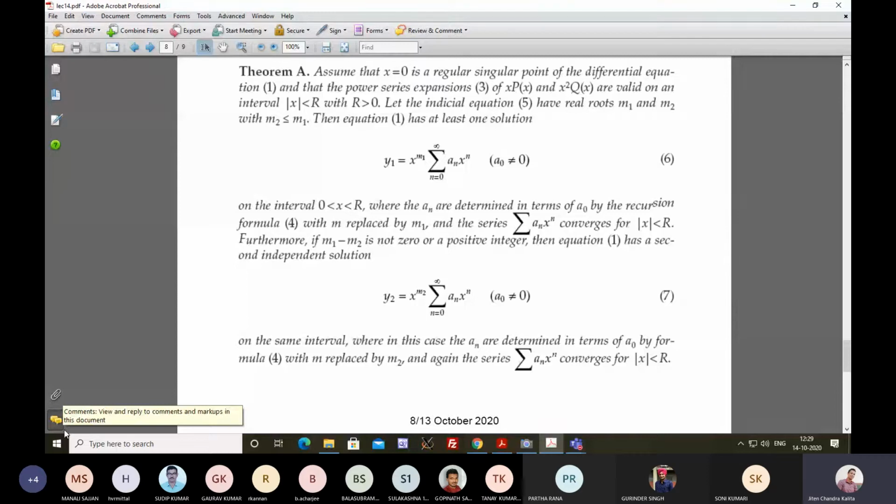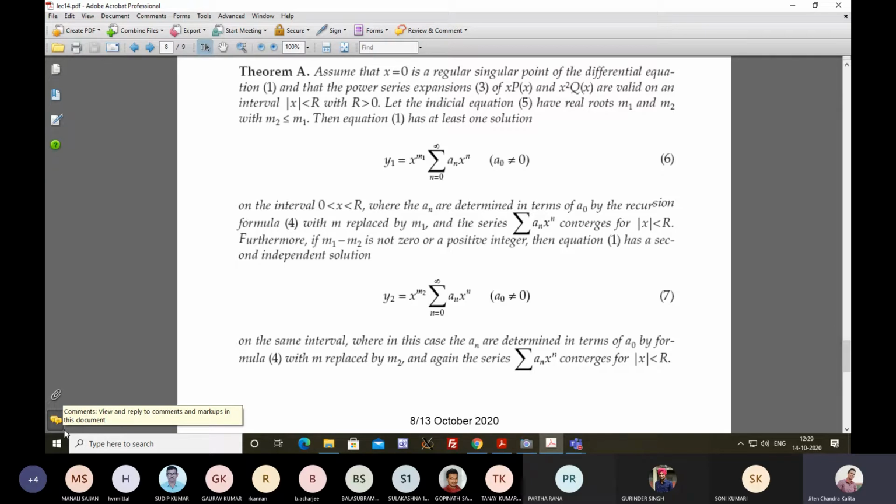Furthermore, if m1 minus m2 is not 0 or a positive integer, then equation 1 has a second independent solution. And remember, you'll be able to use 7 as the second independent solution only when m1 minus m2 is not a positive integer, or m1 is not equal to m2.